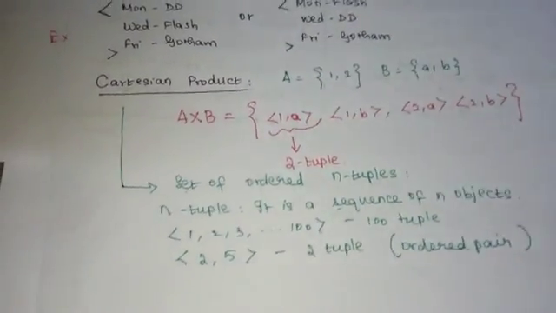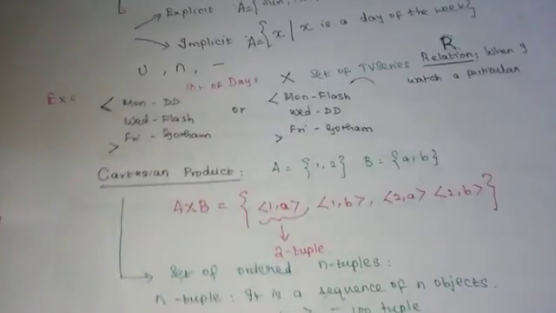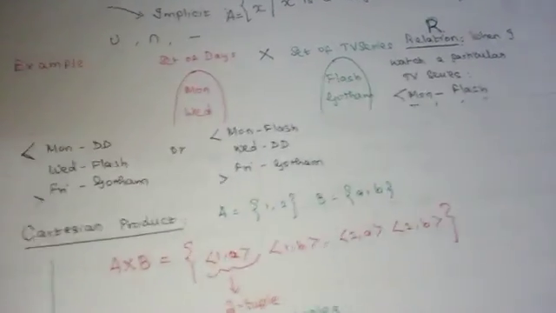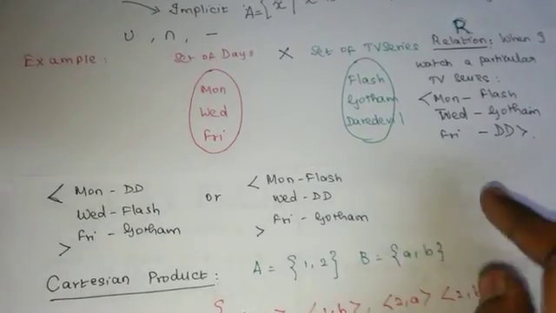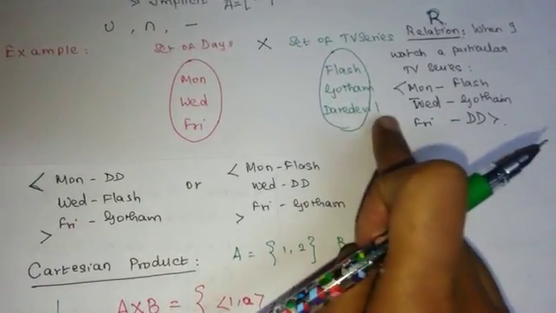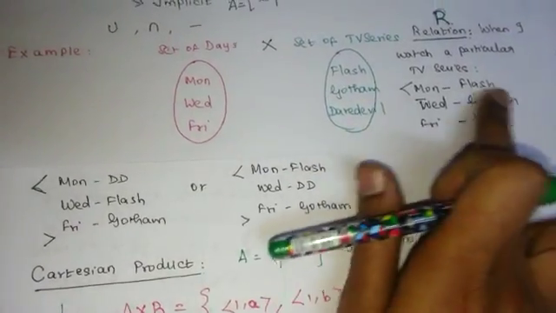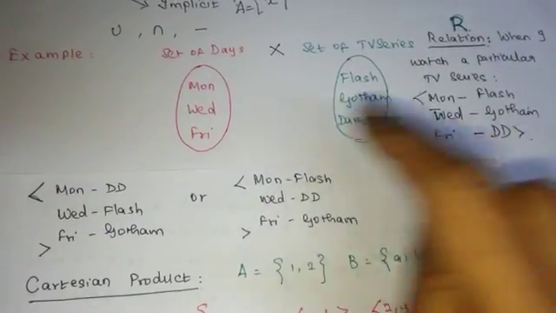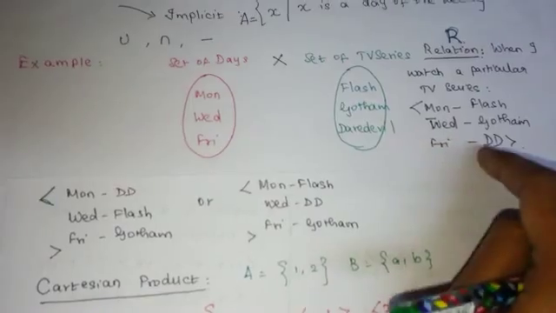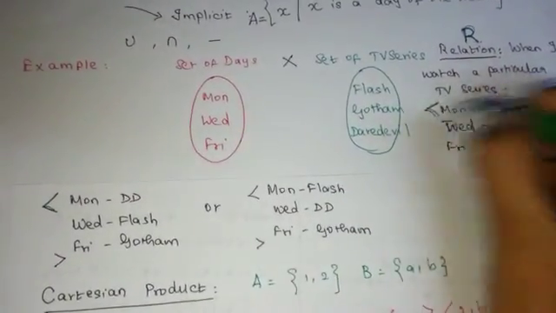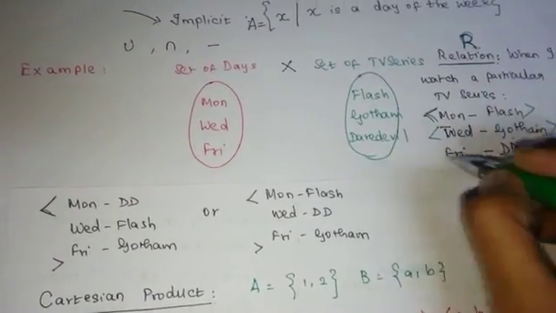Okay, so how is a Cartesian product related to a relation? We saw that the possible candidates for this particular relation, when you take the first answer, is nothing but a collection of 2 tuples: Monday Flash, Wednesday Gotham, Friday DD.